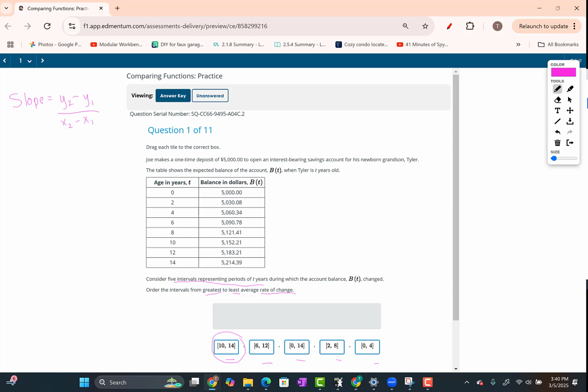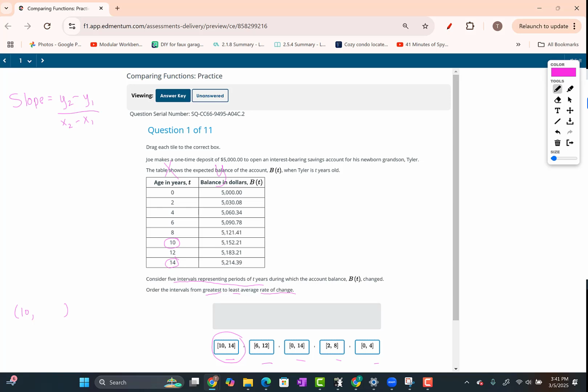So 10, 14, you'll notice those are the ages right here and here. And this is our x column. And the balance is our y column because y depends on x. So the balance depends on the age. So our x values are 10 and 14. Just go ahead and write out the points.